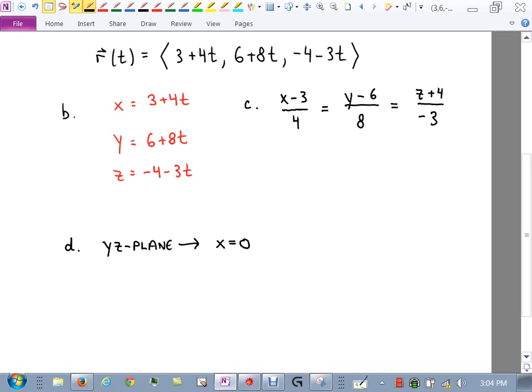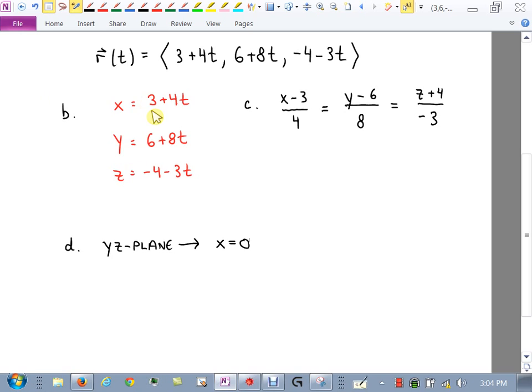Which means for your line to hit the YZ plane, at some point the x has to be 0, right? So go to your parametric equations. Your parametric equation has x in it, doesn't it?